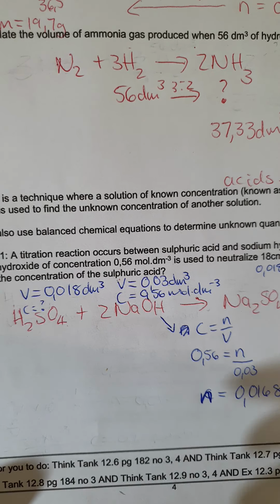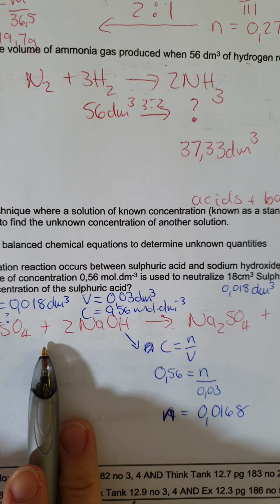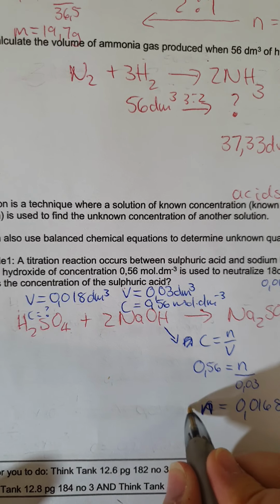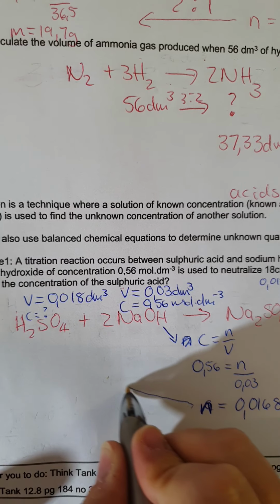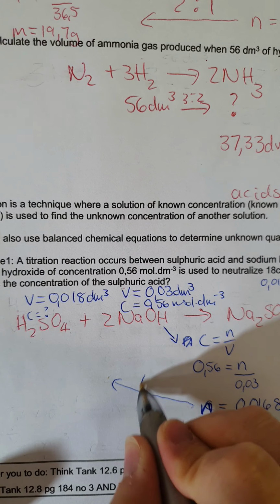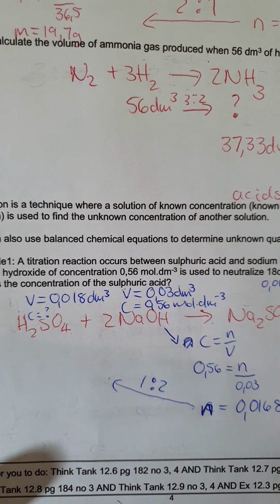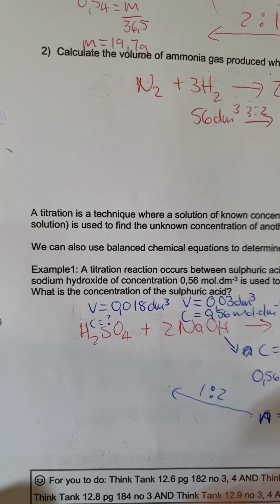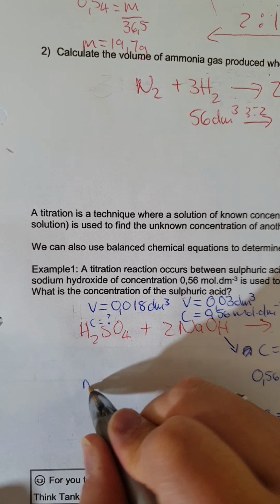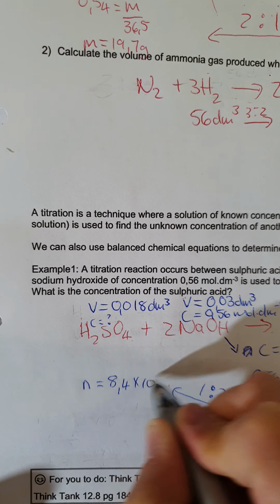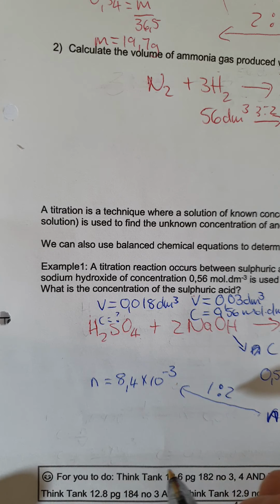0,0168. Now because it's a 1-to-2 ratio, divide by the first, times by the second. So that means you're going to divide by 2. And I land up with moles of H2SO4 as 8,4 times 10 to the minus 3. So there's my number of moles.